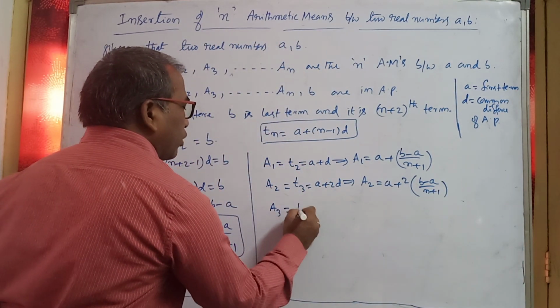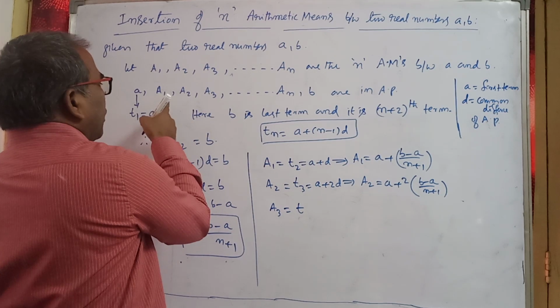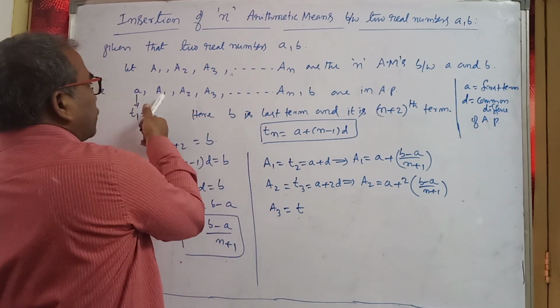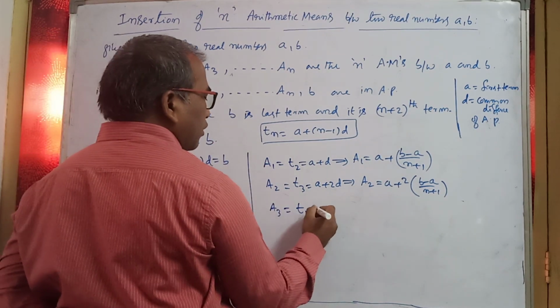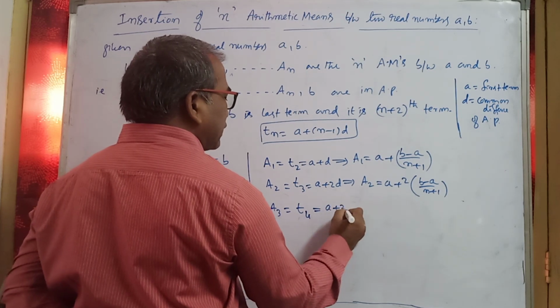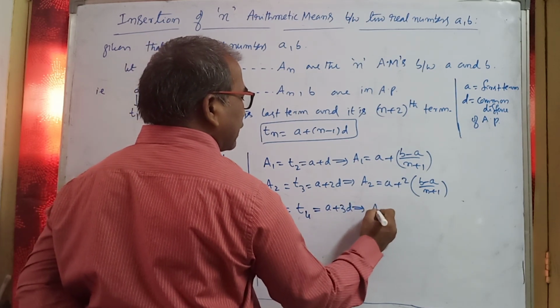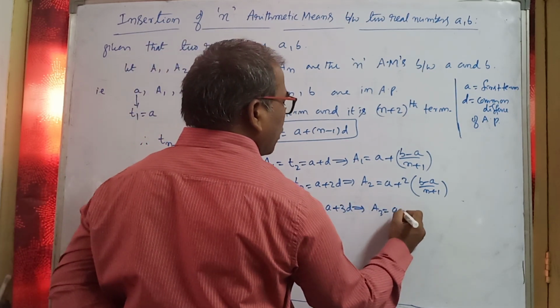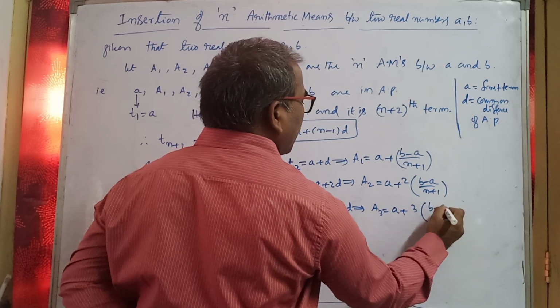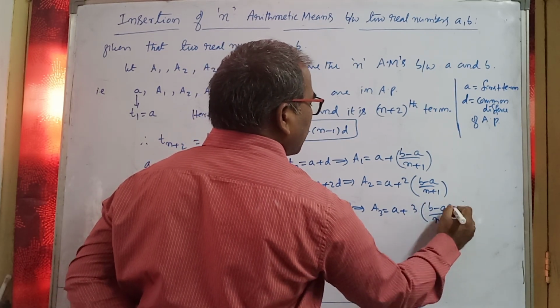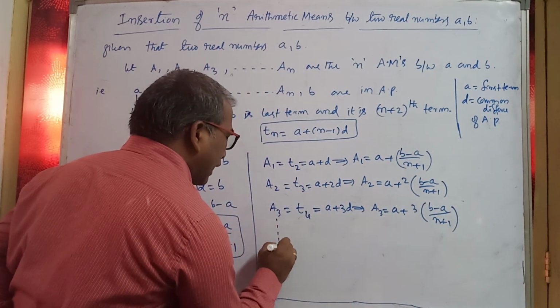Similarly A3 means the fourth term, so A plus 3D, implies A3 is equal to A plus 3 into (B minus A) by (n plus 1), and so on.